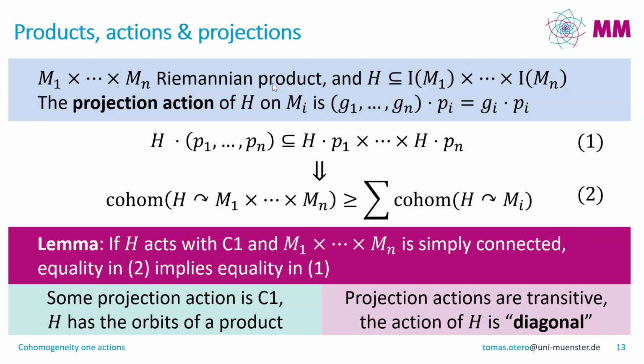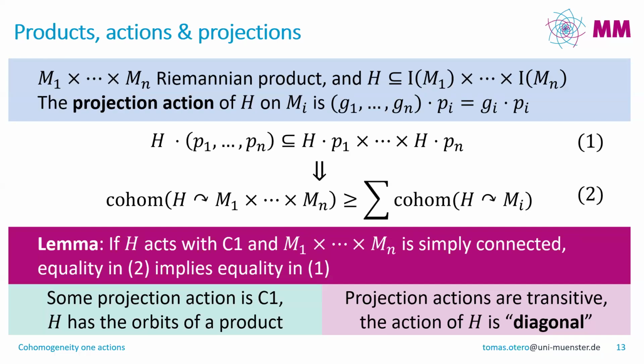So in a slightly more general note, if we have a product of Riemannian manifolds, and we have a subgroup H in the product of the isometry groups of the factors, the isometry group of M1 times ... times the isometry group of Mn, we can consider this action induces subactions in each of these factors Mi, just by taking the projection onto the corresponding isometry group and making it act on the factor Mi.